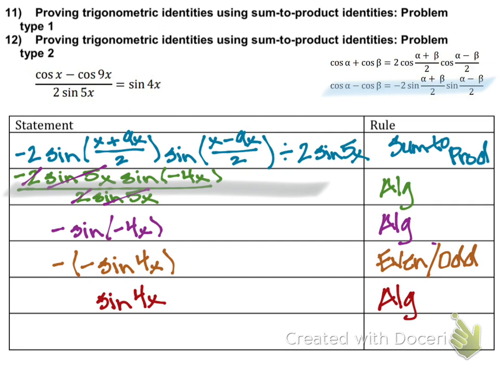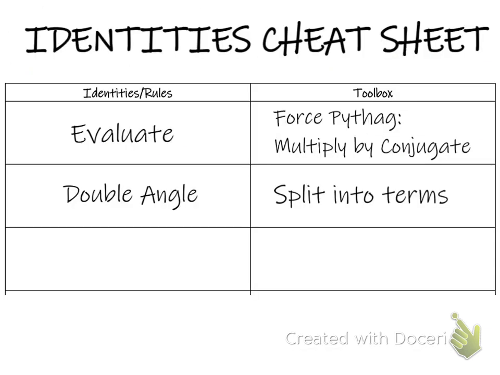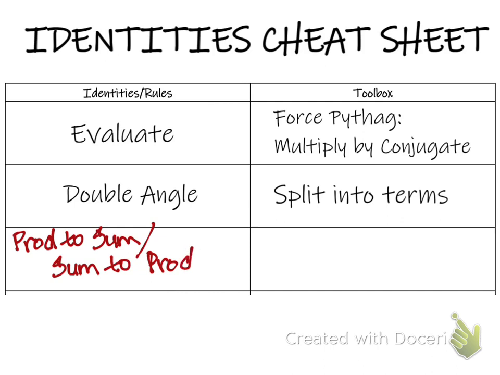Everybody okay with it? So now on your cheat sheet, we have our last rule or reason, which is product to sum and sum to product. And again, I'm going to go with 85% sure that that's the same drop down.